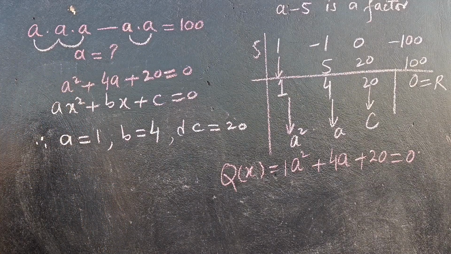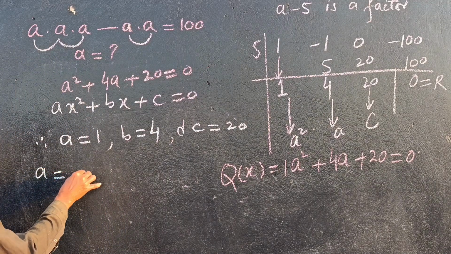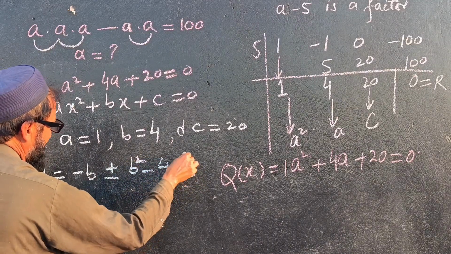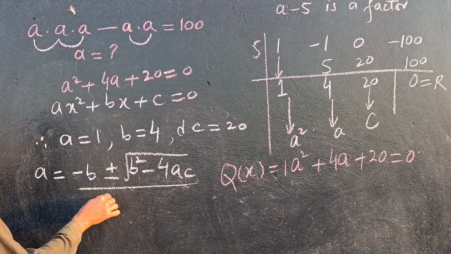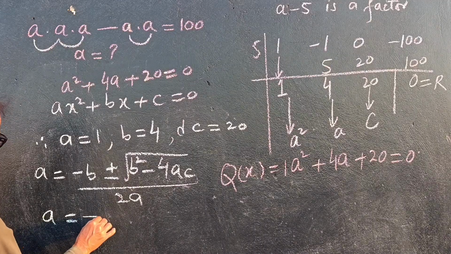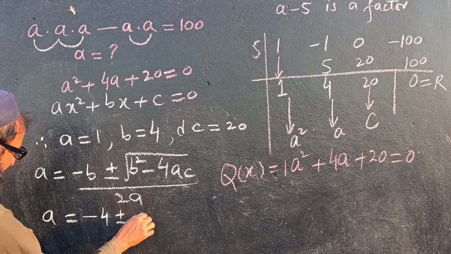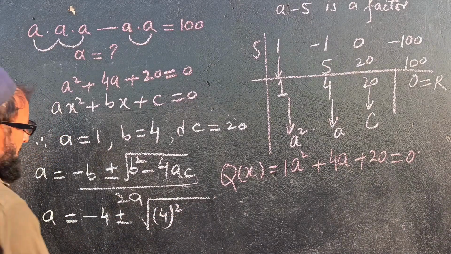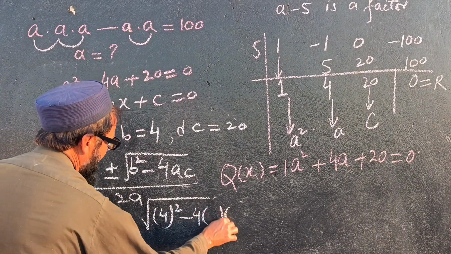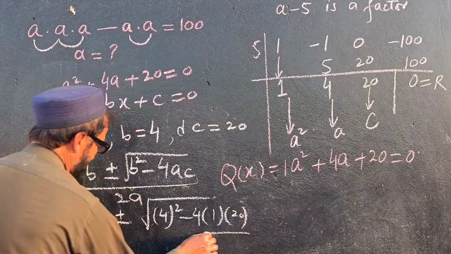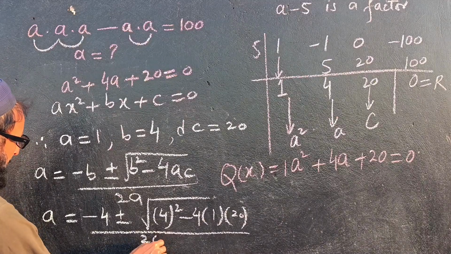Now we use the quadratic formula: a is equal to minus b plus or minus the square root of b square minus 4ac, divided by 2a. Now we substitute the values of a, b and c in the equation: minus 4 plus or minus the square root of 4 square minus 4 into 1 into 20, divided by 2 into 1.